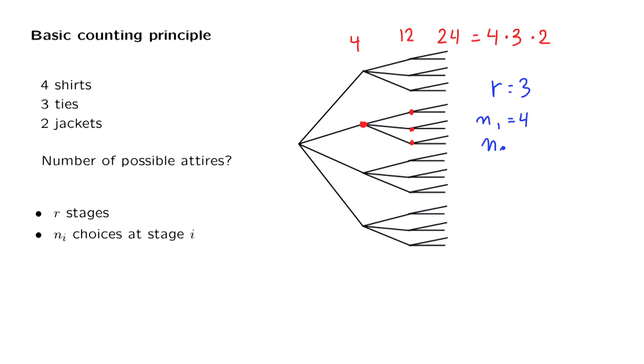At the second stage, we had 3 options. And at the last stage, we had 2 options. What is important is that when you reach stage i, no matter what you chose, no matter what you did at the previous stages, the number of options that you will have available at stage i is going to be that fixed number n sub i.